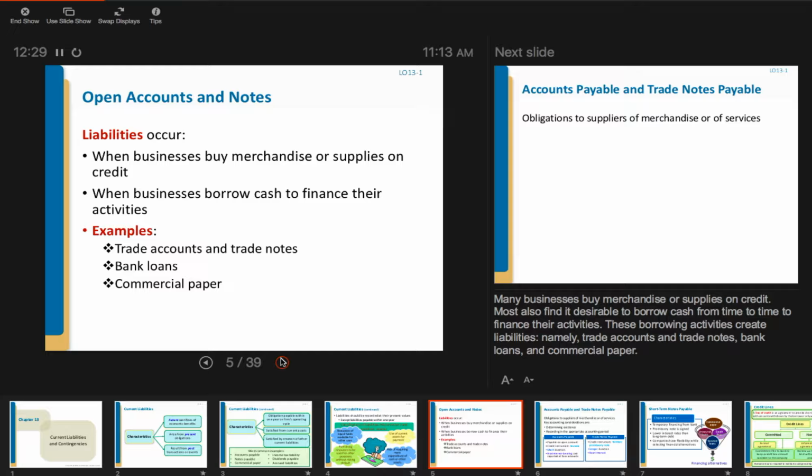Commercial paper essentially is a formal loan that a company may use to borrow money. And it's basically a loan combined with security that is, say, a company says, hey, I want you to loan me $25,000 and I'll pay you back and I'm good for it and all that.